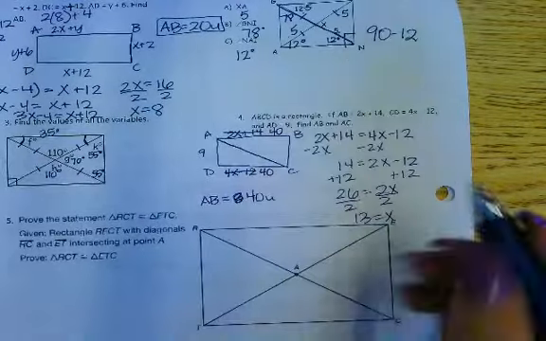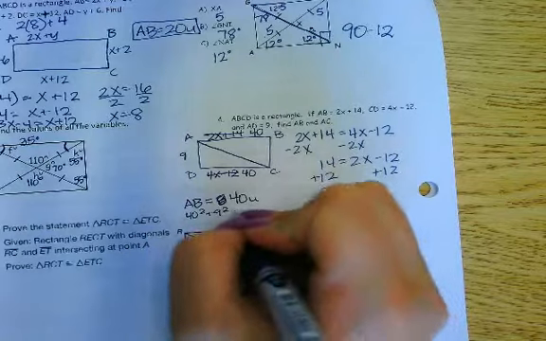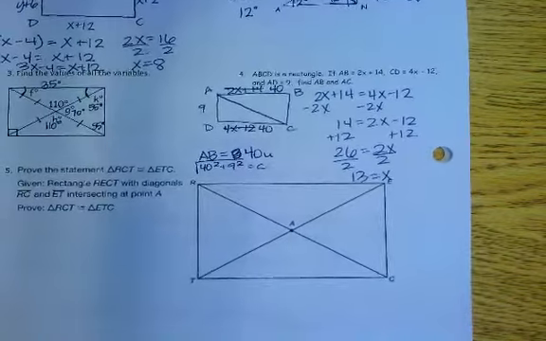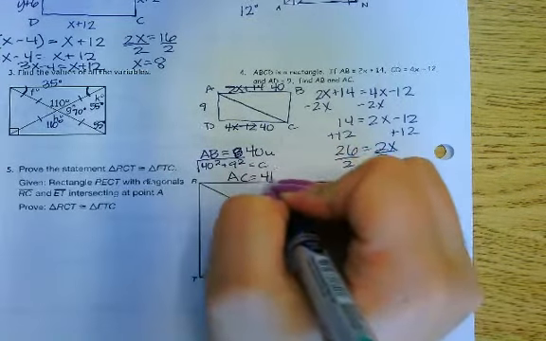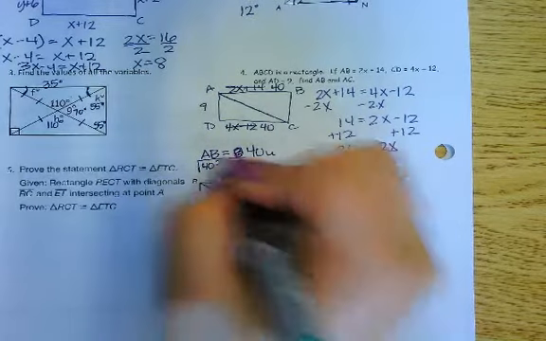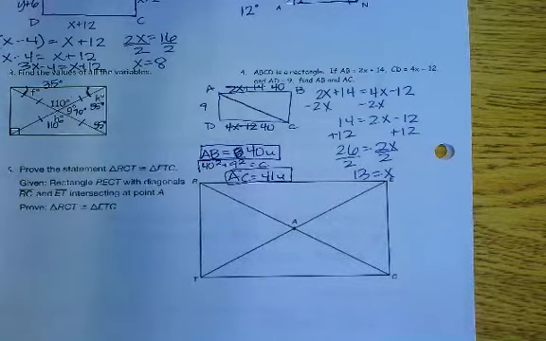Yes. So you have 40 squared plus 9 squared. Take the square root of that. 41. What would be the length of BD? 41, because diagonals are congruent.